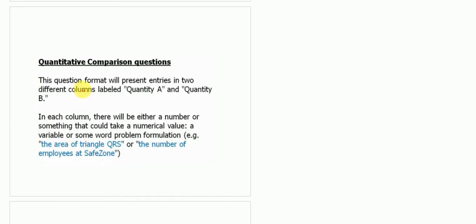So this question format will present entries in two different columns labeled quantity A and quantity B. You'd be given two values in two columns titled quantity A and quantity B. In each column there will be either a number or something that could take a numerical value, a variable or some word problem formulation. For example, the area of triangle QRS or the number of employees at safe zone.